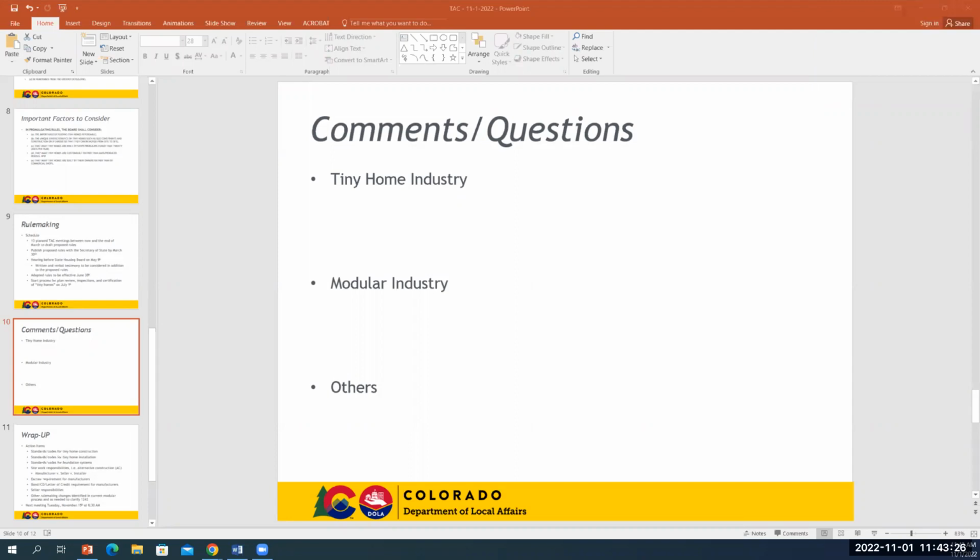Two things. One, I did note in the chat that the biggest zoning restriction for tiny homes nationwide and actually globally is local requirements for minimum building size, home sizes, minimum square footage.